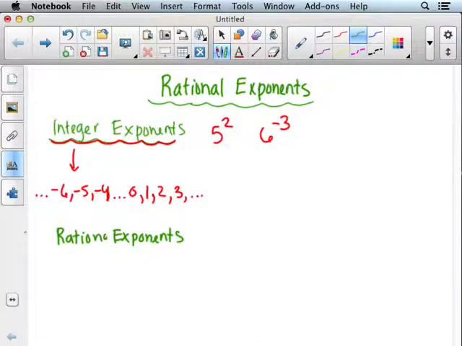Rational numbers, remember, are numbers that can be made into fractions. So basically we're talking about fractional exponents, 5 to the power of 1/2, 6 to the power of negative 2/3, things like that.